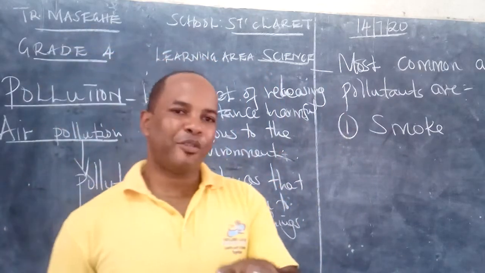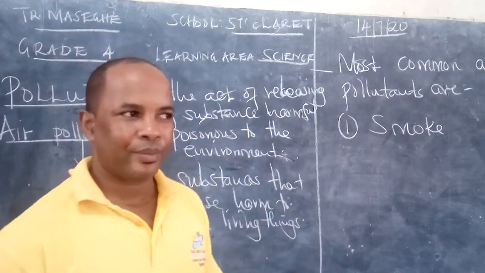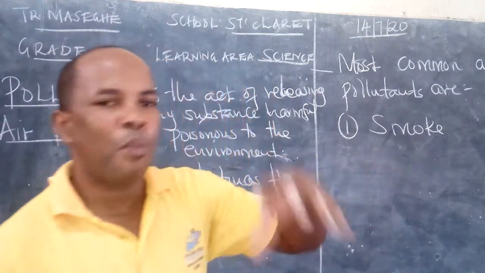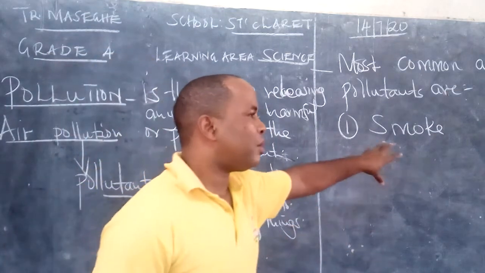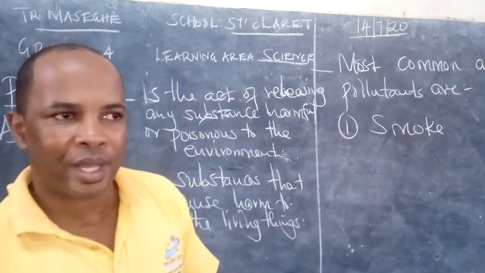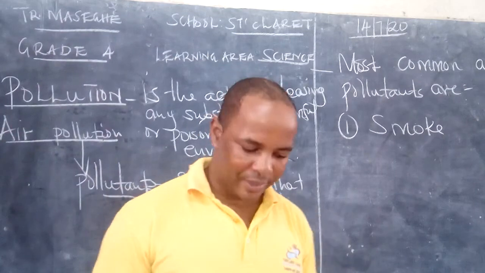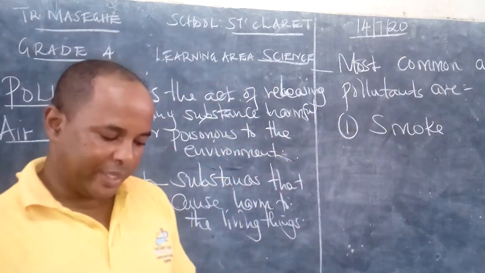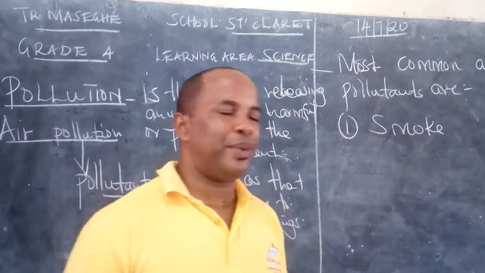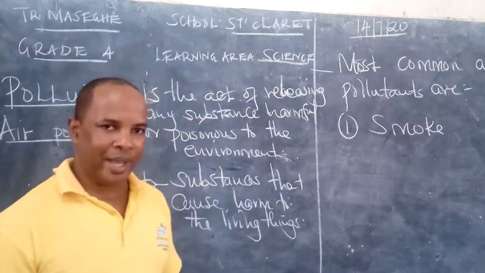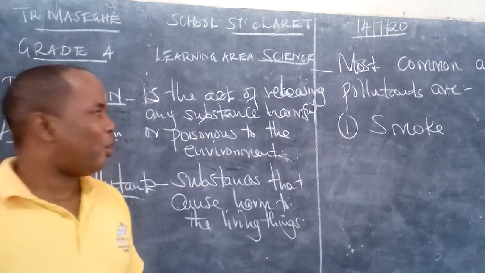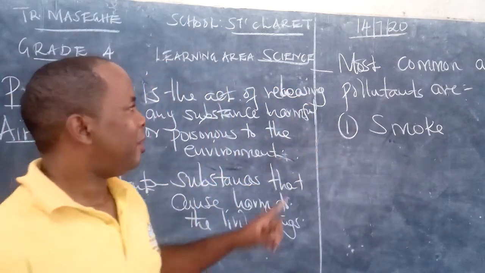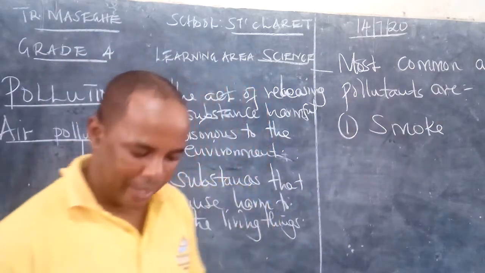If you're using firewood, the case is different, because most of the time smoke will be released as the firewood burns. This smoke, in most cases, ends up irritating your eyes, and you find your eyes releasing tears because of smoke. That is one aspect of pollutants in the air.